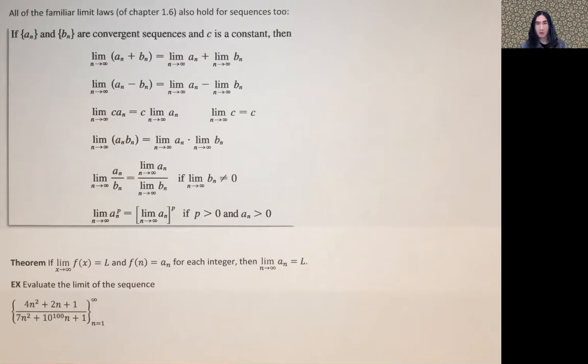So we're talking about sequences right now, which form the foundation of infinite series, which we will talk about for most of chapter 11. And we're talking about limits. I want to point out that most of the usual limit laws for normal functions over an interval hold also for our sequences.